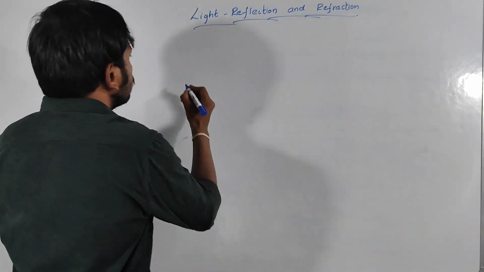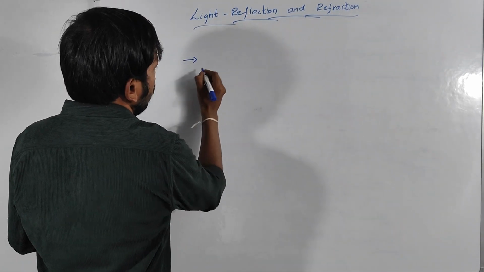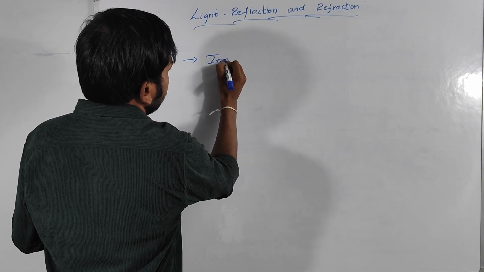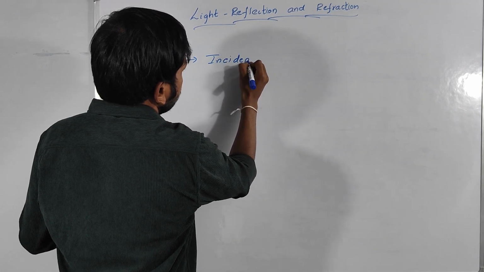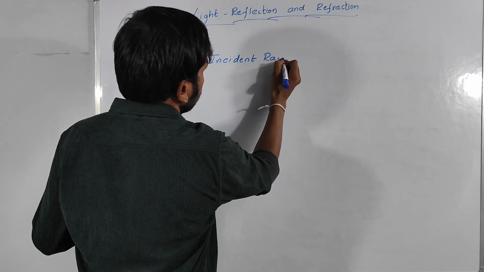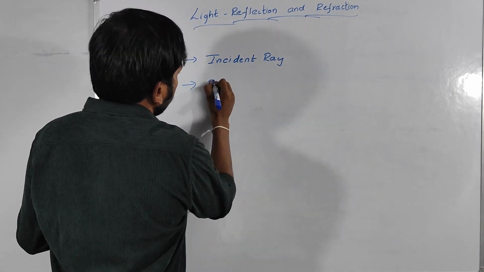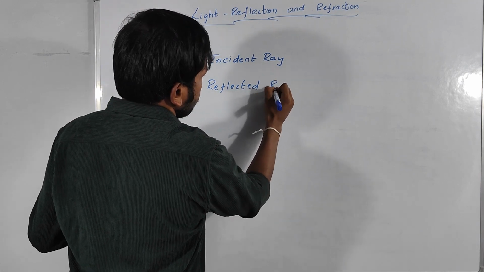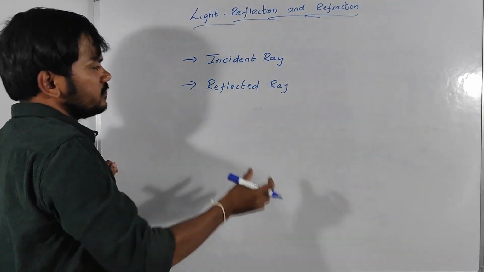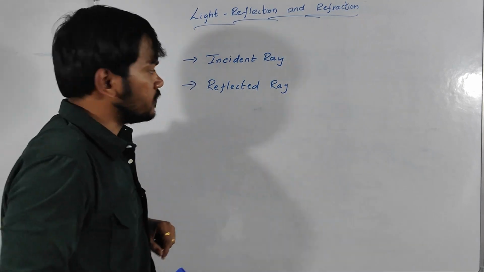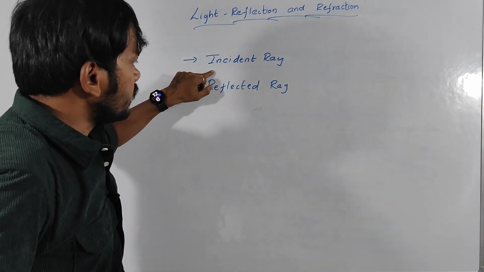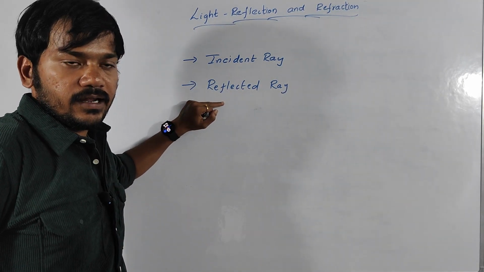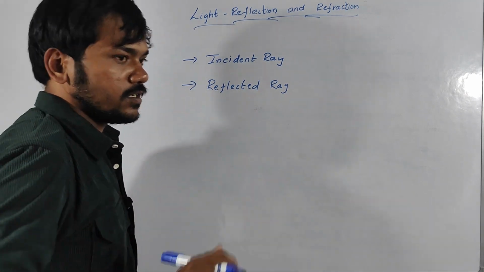Those light rays are the incident ray, the reflected ray. We do have a refracted ray also, which is quite similar to this, that we will discuss in refraction. Incident ray, reflected ray, and normal. We'll discuss what is normal.